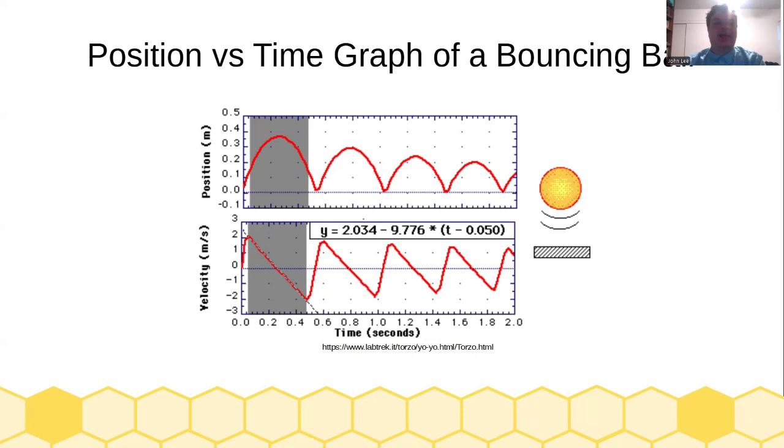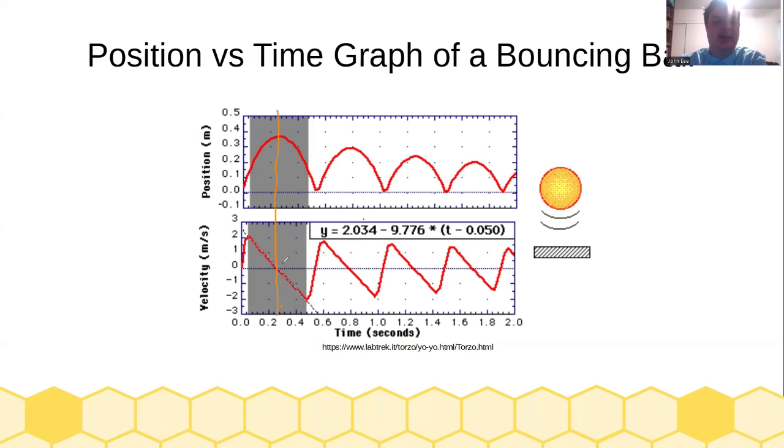That is, the position graph is a parabola and the velocity graph is a line with a negative slope, which means that it starts out positive and gets more negative as time goes on because acceleration is in the negative direction. In this graph, you will notice that up until about 0.22 seconds, the velocity is positive, then it hits zero, then it becomes negative as it is accelerated downward.